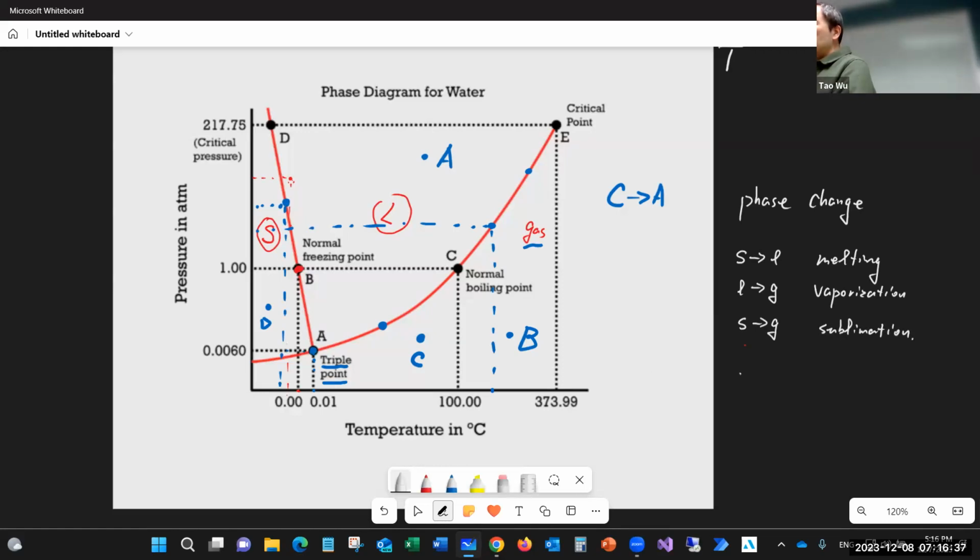From liquid to solid, this is called freezing. From gas to liquid, this is called condensation. And from gas to solid is called deposition.